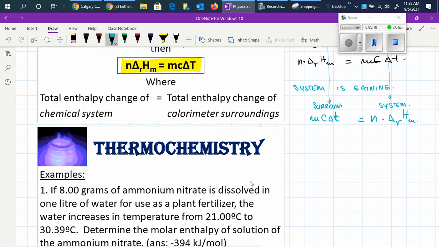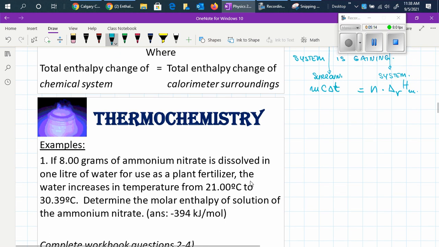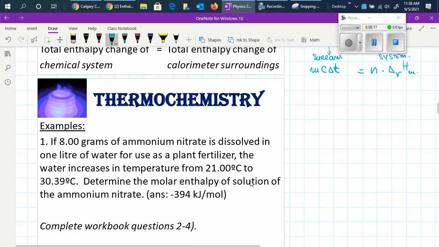Now let's see some examples on the calorimeter. We have 8.00 grams of aluminum nitrate dissolved in 1 liter of water to use as a plant fertilizer. The water increases in temperature from 21 degrees to 30.39 degrees Celsius. Determine the molar enthalpy of solution for aluminum nitrate.